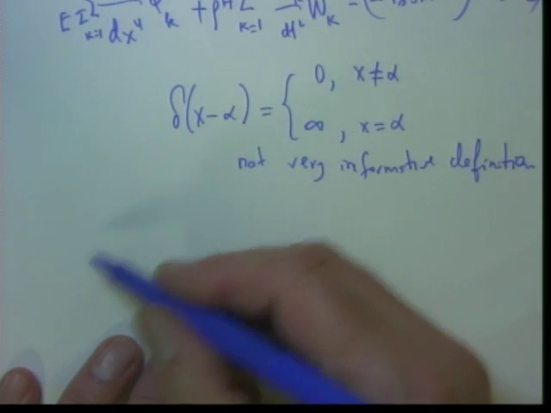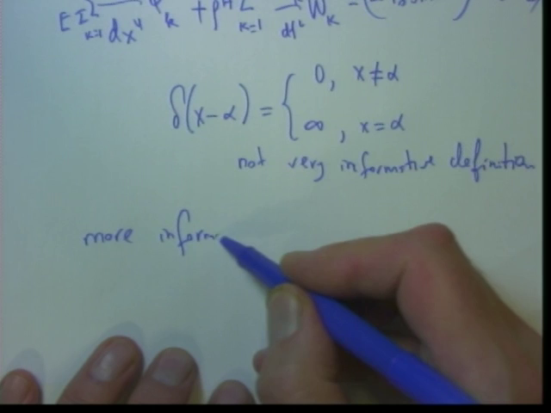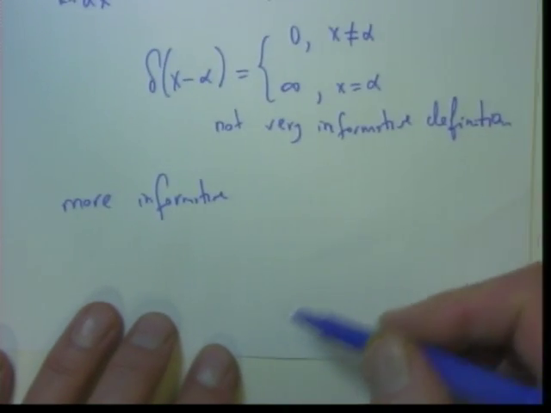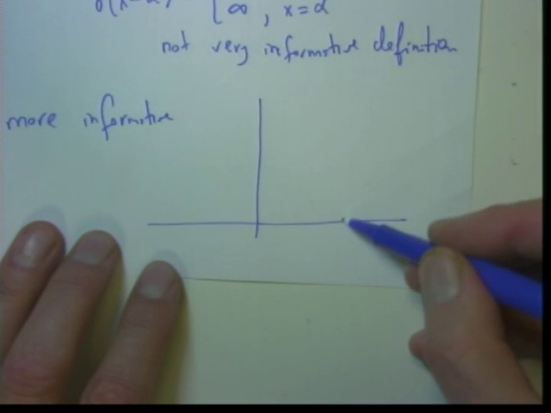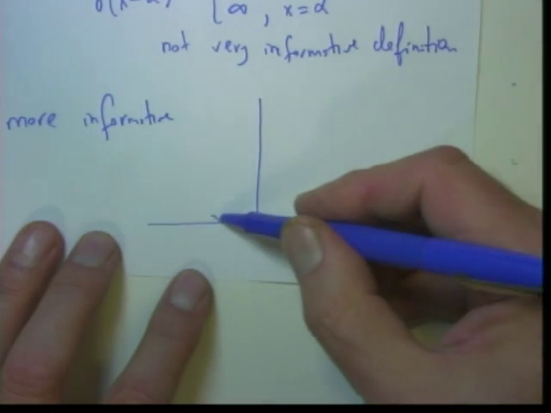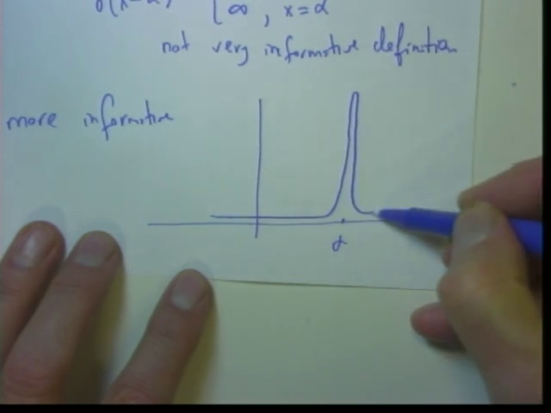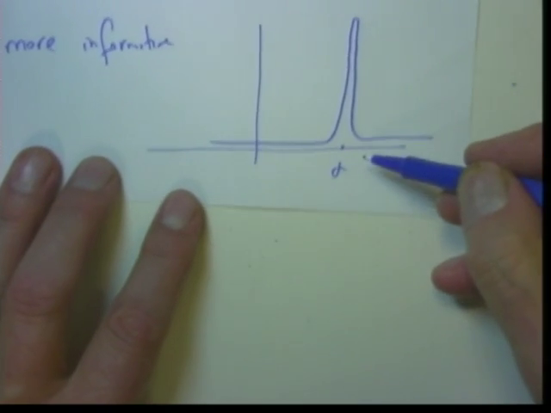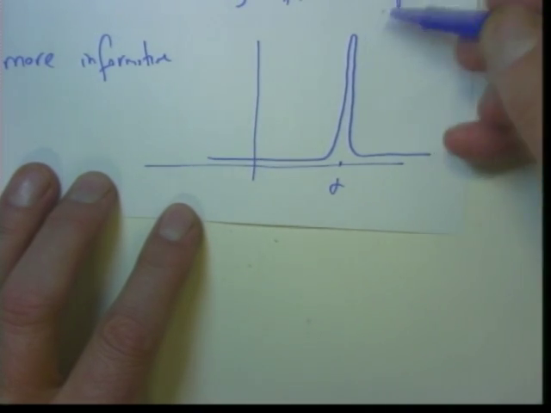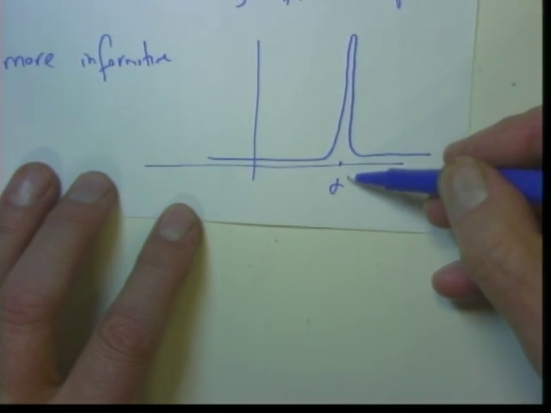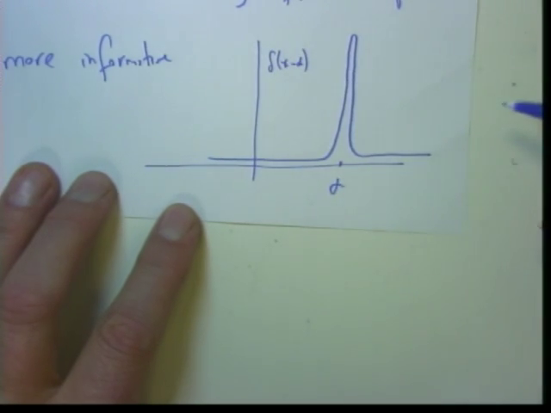A more informative definition: this function actually behaves like this. So this is alpha, and it goes to a very big value when x equals alpha. So this is the delta function x minus alpha.